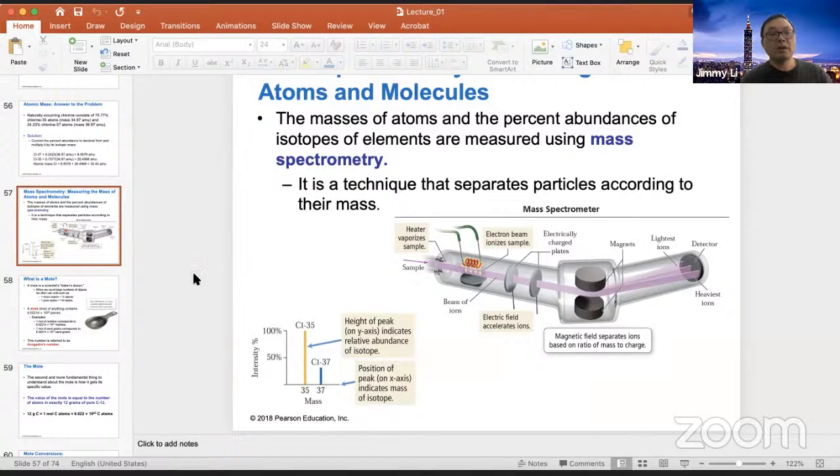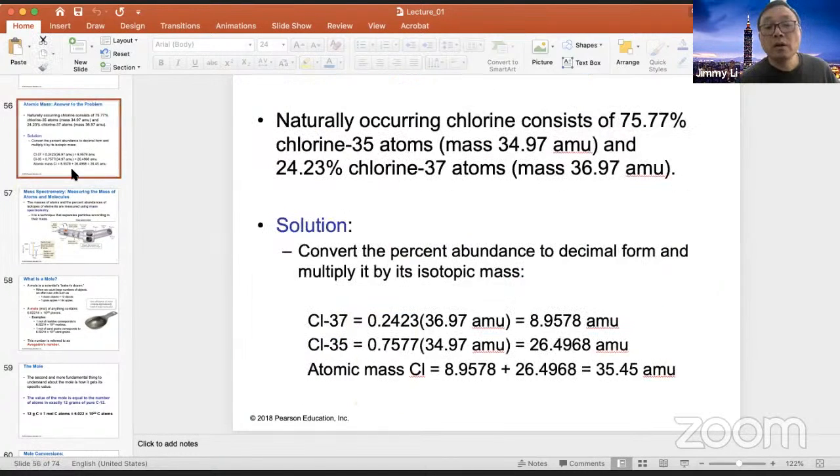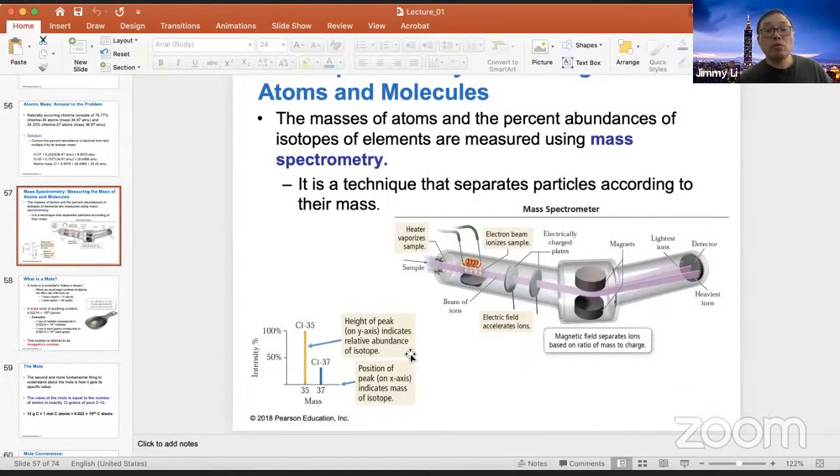If you remember the example we gave, the fraction of chlorine-35 is 75% and the other one is about 25%. So that's really 3 times. All right, very well.